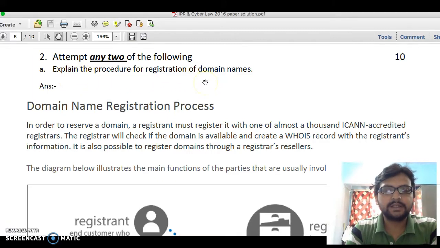Before we start discussing this question, let's discuss what a domain name is. Basically, we have an IP address allotted to each and every website. It is very difficult for human beings to remember those numbers. Like we can't remember each and every person's mobile number, so we save a name over that mobile number.